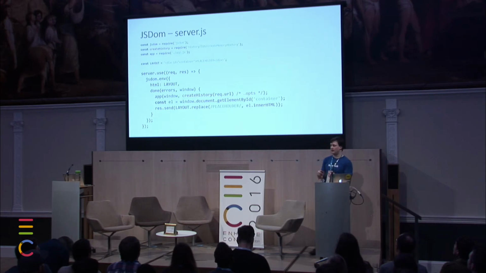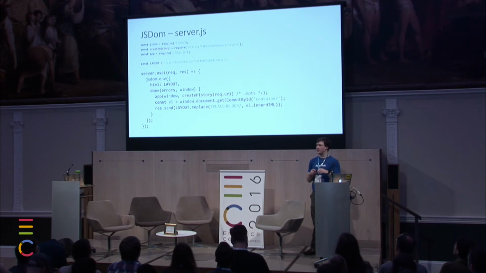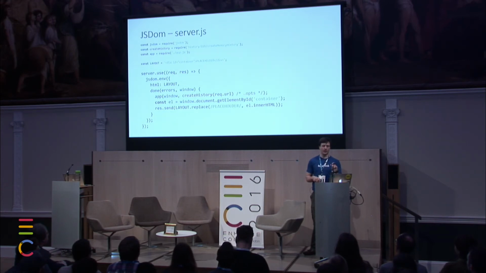We can then give that virtual window object, along with a memory history, to our app. It will render into the DOM. And once it's done that, we can simply extract the inner HTML of the container element that it's rendered inside and send that to the client. So we'll replace the placeholder in our layout with the content that we've rendered into the DOM.